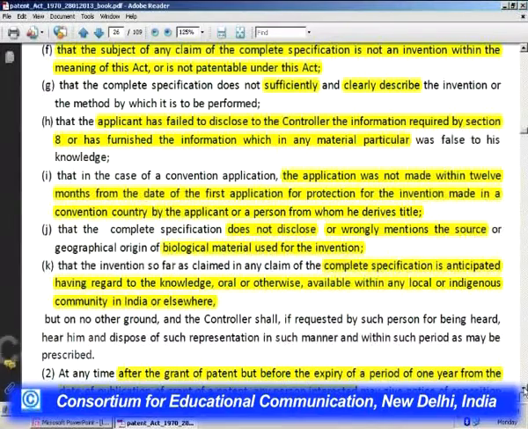Well, friends, that is all about 25(1), and I would like to recapitulate certain points as today's takeaways. I have discussed with you a very important and crucial procedure for obtaining the patent. I have discussed what constitutes the infringement of the patent in India, and the rights of the patentee.